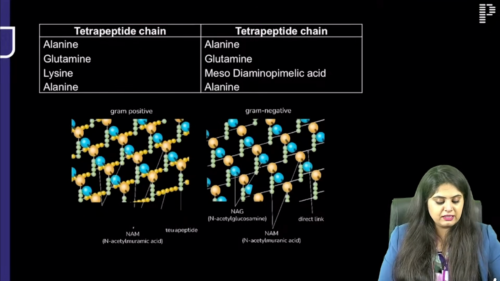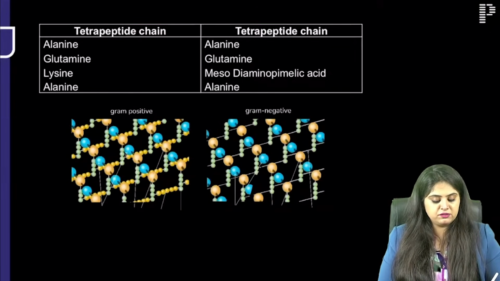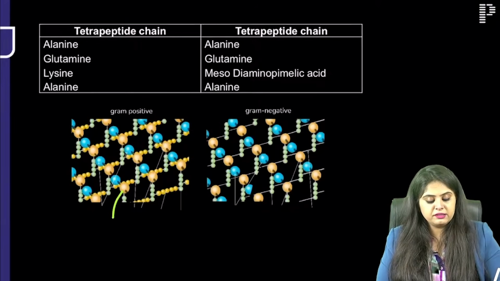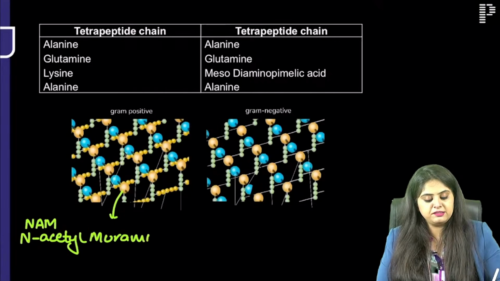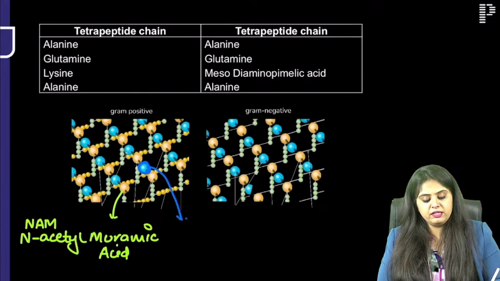I'll write it again for you because otherwise like this it's very tiny font. All these yellow color ones are known as NAM. Any full form for NAM that you want to tell me? N-acetyl muramic acid. Whereas the blue one is going to be NAG. NAG is going to be N-acetyl glucosamine.